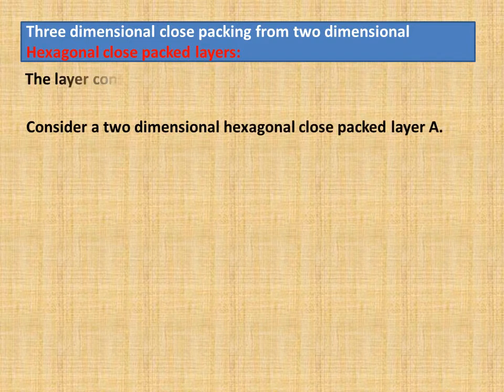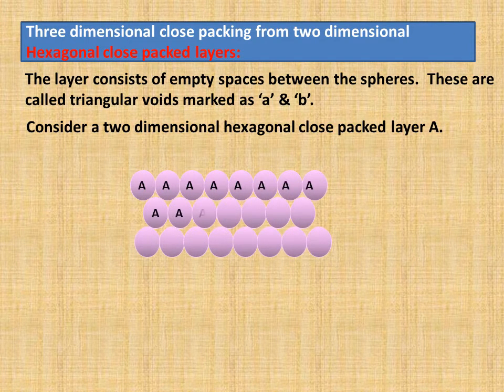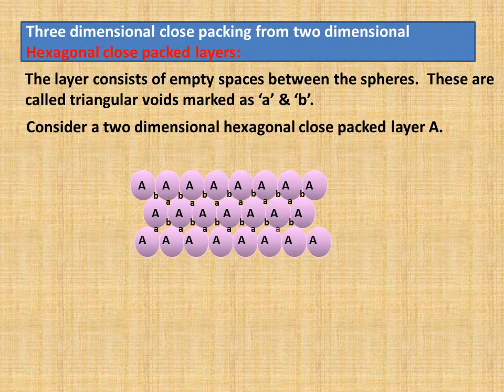Students, see here I am showing hexagonal close packed layers. This is layer A, formed out of A spheres. Another layer starts from here, which I can call B, and here again A.